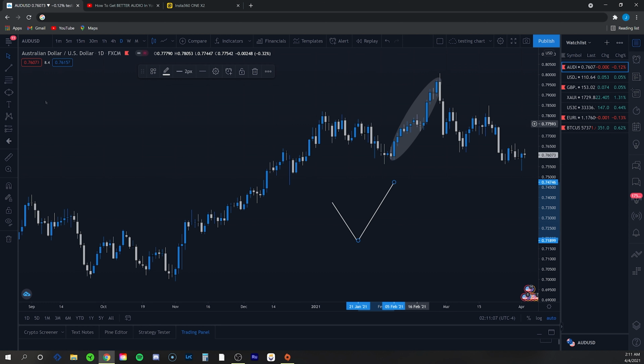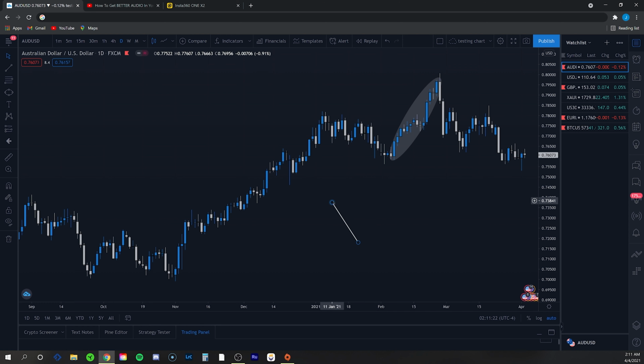We do see very little pullbacks on lower time frames, where all these bearish candles are. But overall, this is just the single move that we're looking at.